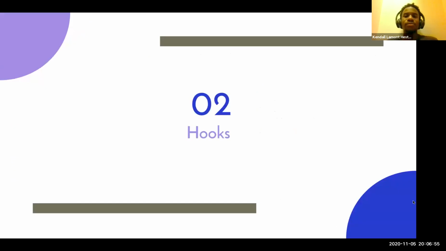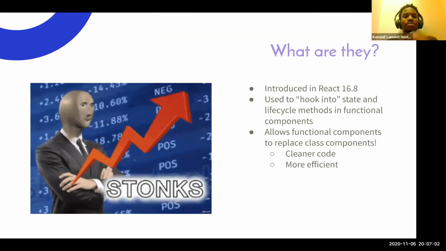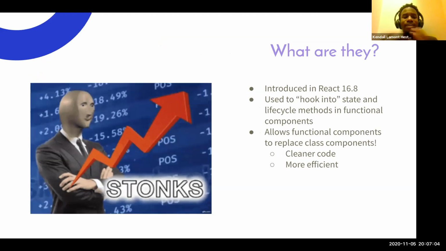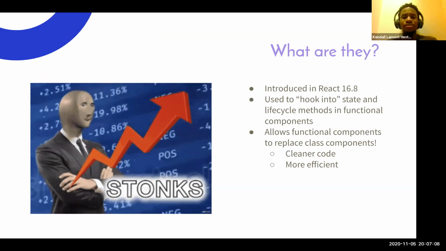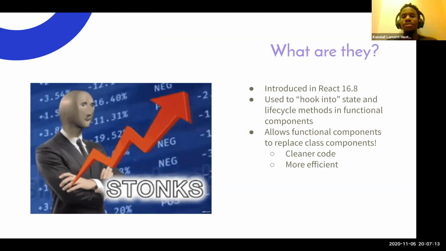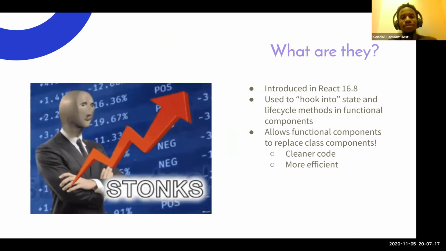All right, so now let's talk about how to go from functional components to real components, how to have dynamic functionality with them. Hooks were introduced in React 16.8, so it's a fairly recent development. These are used to hook into state and life cycle methods using functional components.